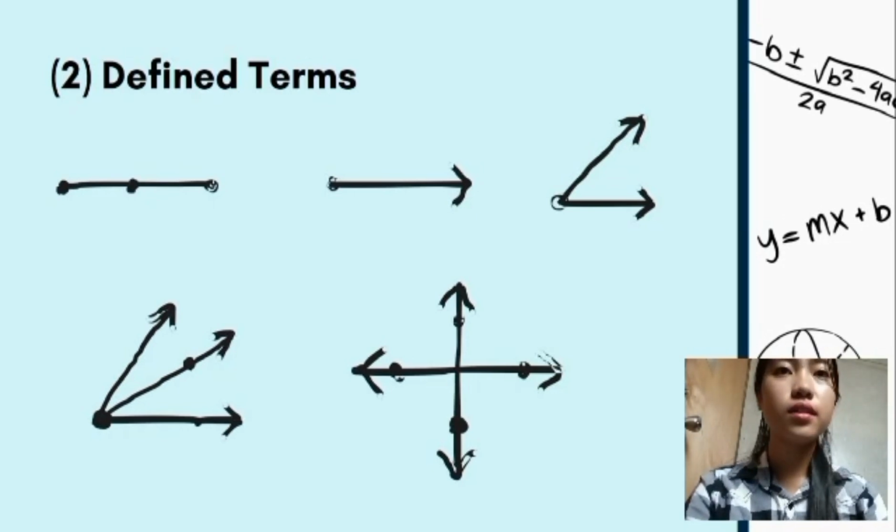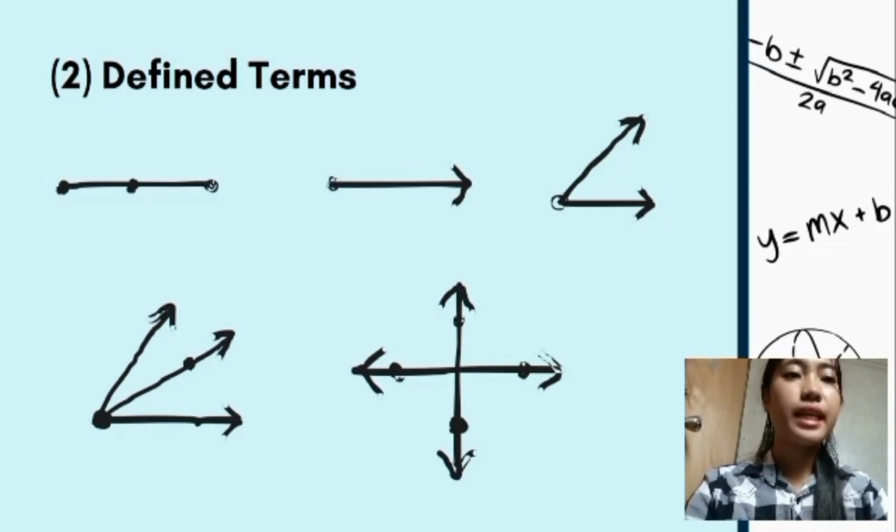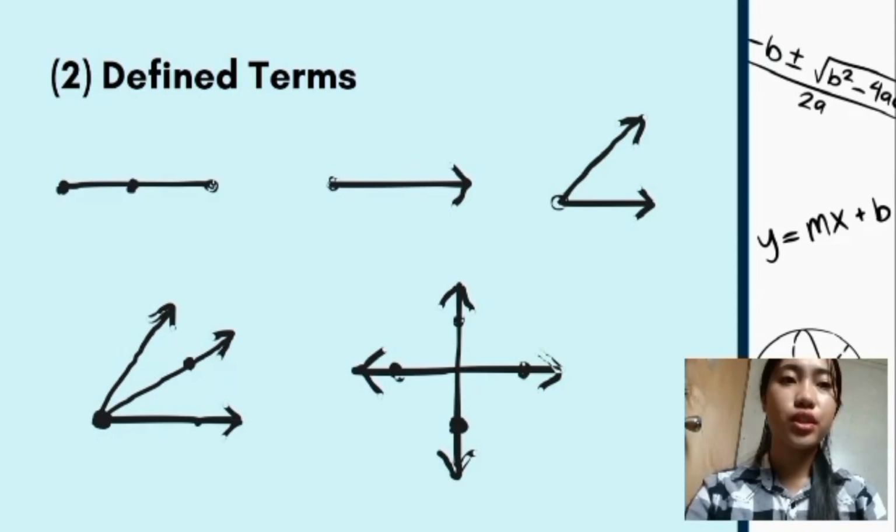Then the angles, which also have a vertex. The vertex is the intersection of both lines that made the angle. Next we have the angle bisector, a line that bisects the angle. Then we have perpendicular lines, which are lines that intersect.